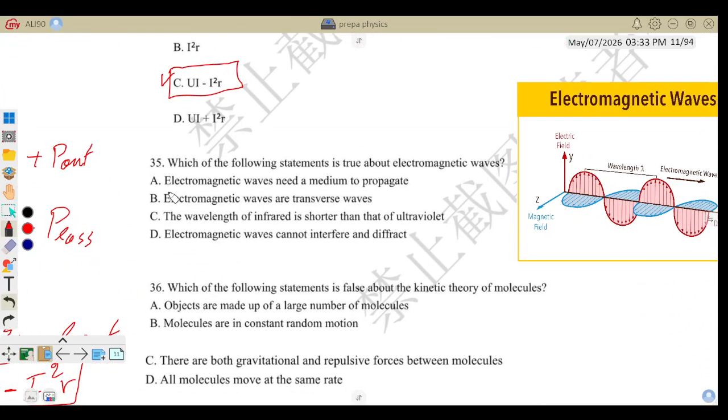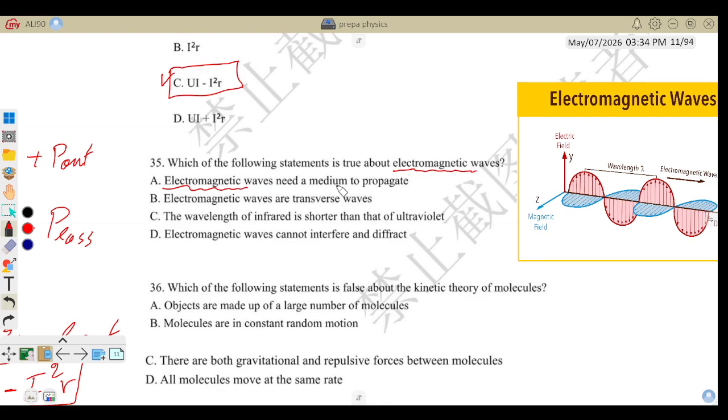For 35, the final question for this video, we have: which of the following statements is true about electromagnetic waves? So we are moving into electromagnetic waves here. What is the correct one from this list? We have: electromagnetic waves need a medium to propagate. This is actually not correct, because what makes the big difference between electromagnetic waves and mechanical waves is that electromagnetic waves don't require any medium to propagate.